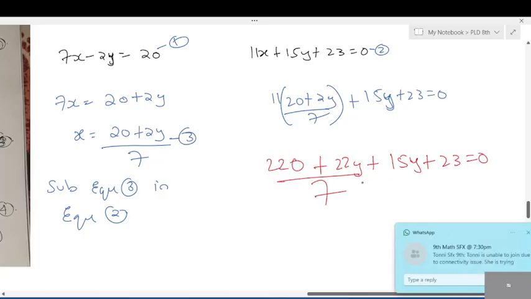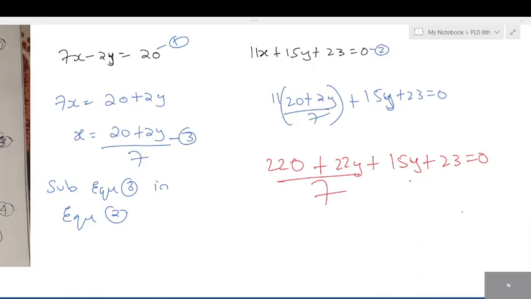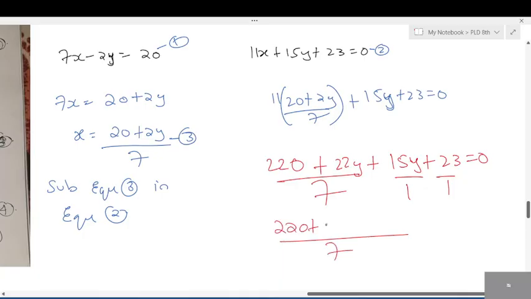23 is equal to 0. So everything has plus, students. If everything has plus, you have to take LCM, right? So 220 plus 22y, multiply both with 7. What do we get? You can do it, you can move it.